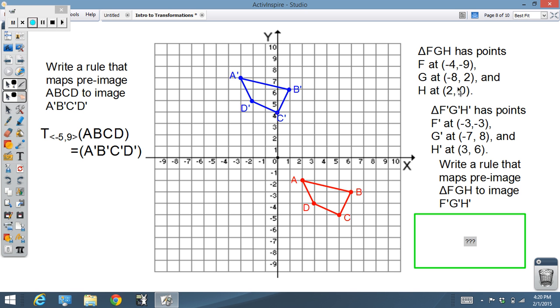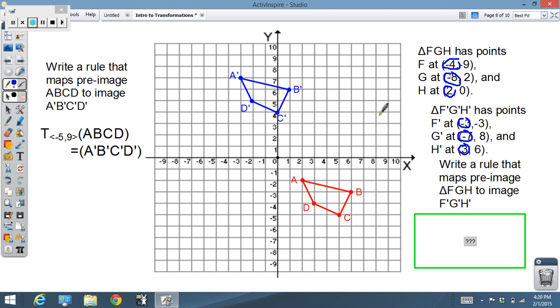Finally, let's see if we can do this without the graph now. If FGH has points here, here, here, and F prime, G prime, H prime has points here, here, here, what's our rule? Well, I notice that every x coordinate changes by adding 1. Negative 8 to negative 7, add 1. 2 to 3, I added 1.